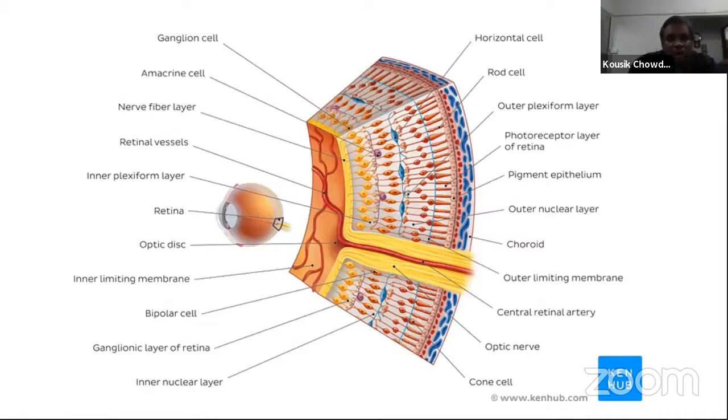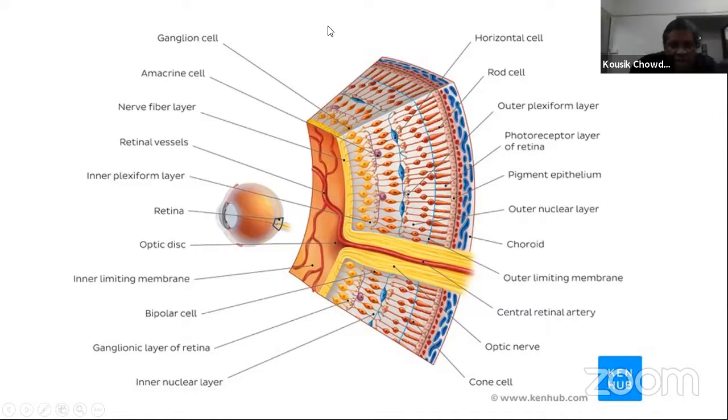Now come to retinal structures. The innermost part of the retinal structures, we are seeing, is the inner limiting membrane or ILM. This is nerve fiber layer, and this is the cells, and the cells are ganglion cells, amacrine cells, and bipolar cells.